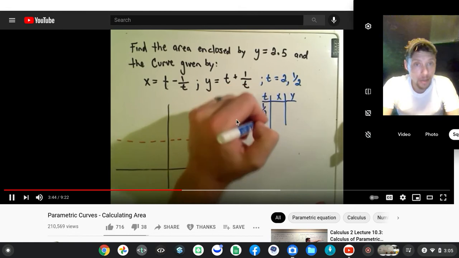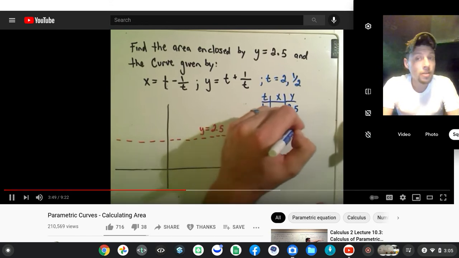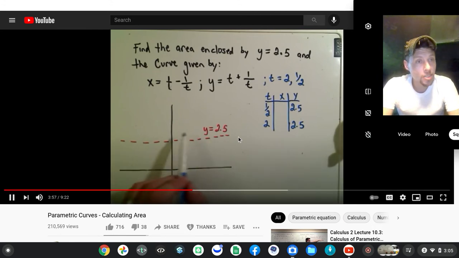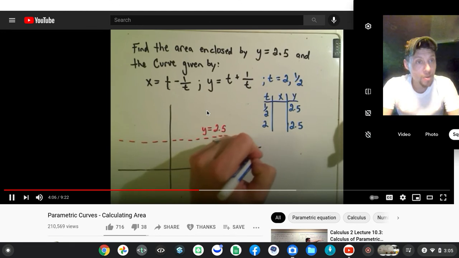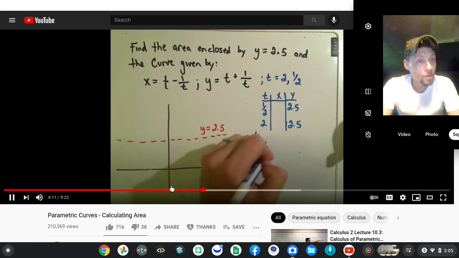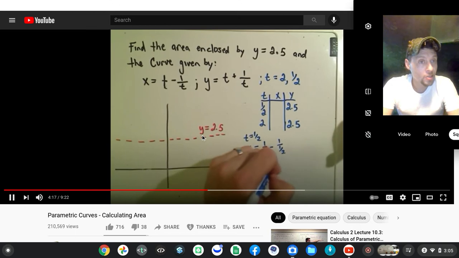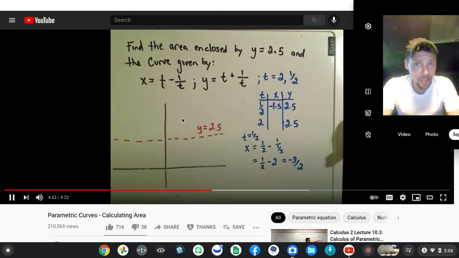We already know that if t equals 2, the y coordinate is 2.5, and if t equals 1/2, the y coordinate is also 2.5. I think you can convince yourself that it doesn't have to be just those values. When t is any other value, like 1/2 minus 2, or negative 3/2, we can test that as well.